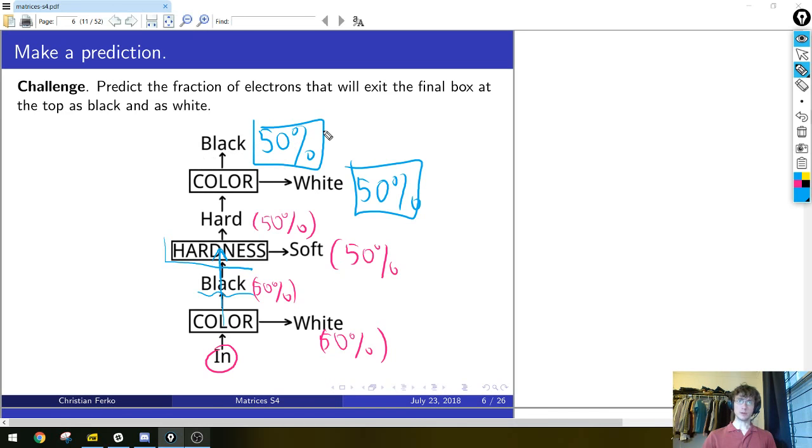So this should be mind-blowing already, that the act of simply asking what quality does the electron have changes one of its other properties. Measuring the hardness of the electrons changes the input stream so it's no longer entirely black, and now measuring those hard electrons, you get half black and half white. This is the first very surprising result, but we will see another. But first, questions or thoughts on this so far?